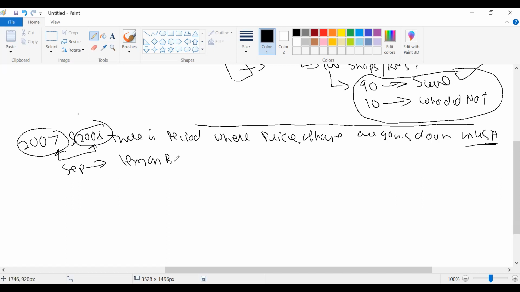Lehman Brothers, Bank of America, Merrill Lynch, इन्होंने बैंक्रप्सी फाइल कर दी थी, दिवालिया हो गए थे. और ये बहुत बड़े बैंक्स हुआ करते थे, मतलब इतने बड़े कि अगर इंडिया के सारे बैंक मिला लो तो भी इसके बराबर नहीं होगा. इन्होंने बैंक्रप्सी फाइल कर दी थी, और उसकी वजह से एक रिसेशन ट्रिगर हो गया था.